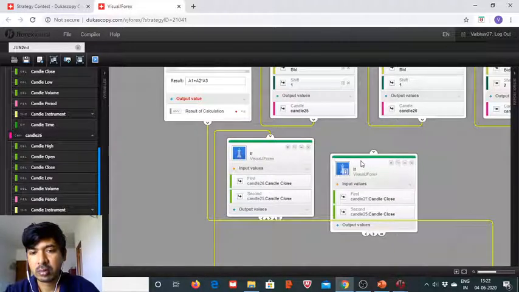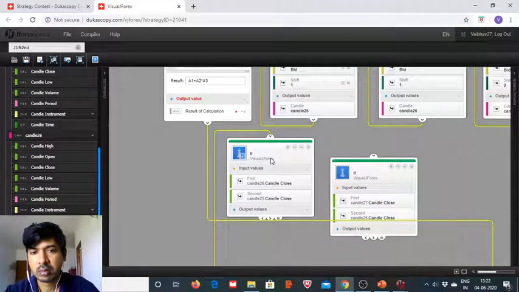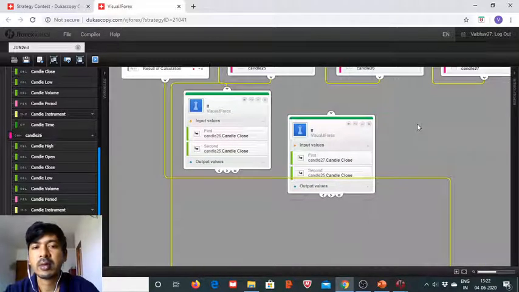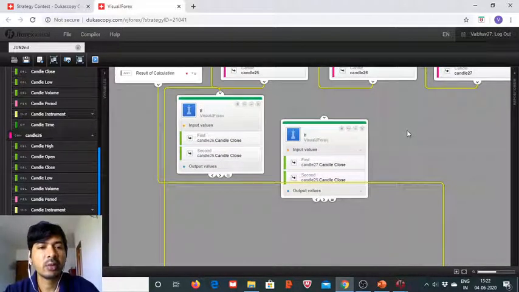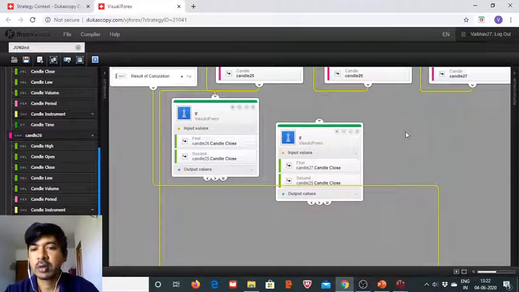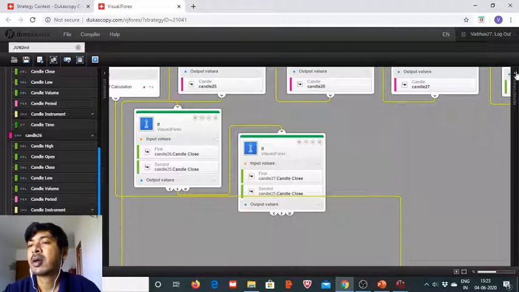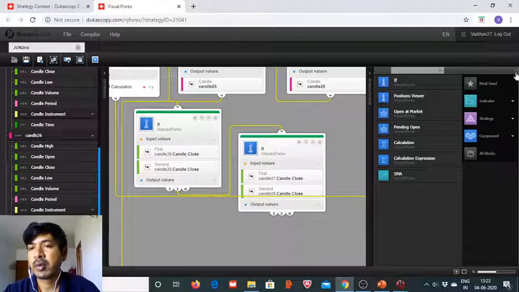Now candle 26 close and candle 25 close need to be compared, and it should be greater, whereas candle 27 close was less. And this is the last condition for our buy side.